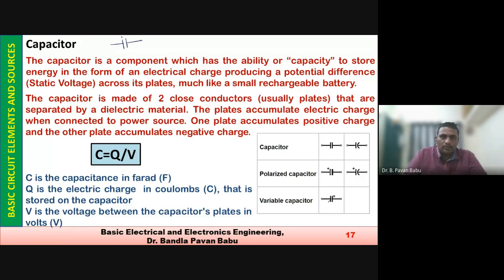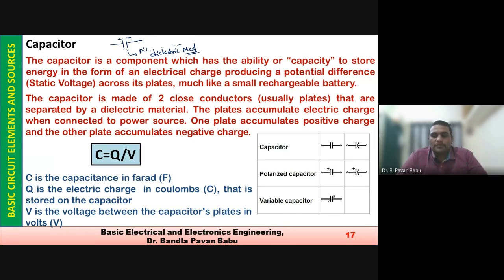One will be the positive plate, or the higher potential plate, and the other will be the negative or lower potential plate. In between these two, a dielectric medium, mostly air or some other material, will be used. That represents a basic capacitor.